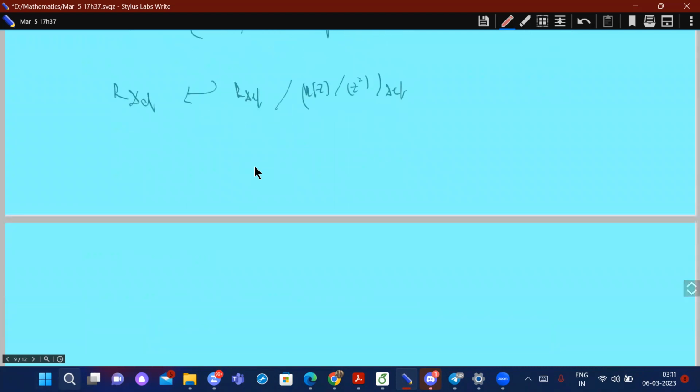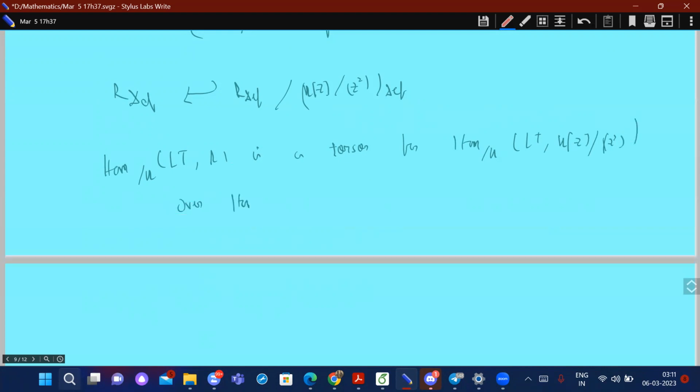Using similar reasoning, we'll get the following. This is my induction process.